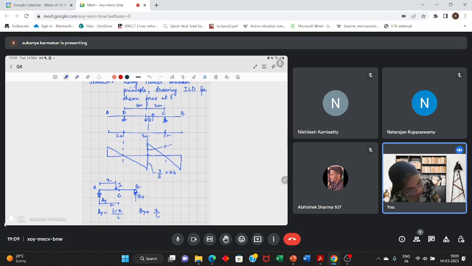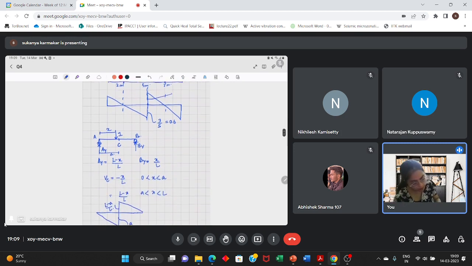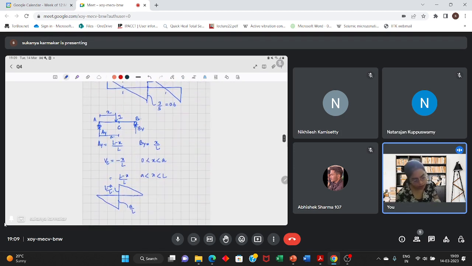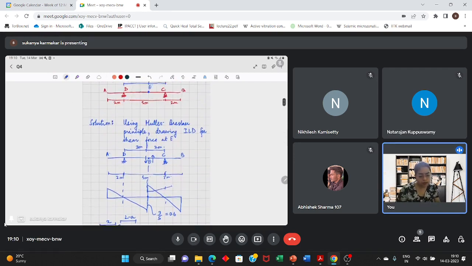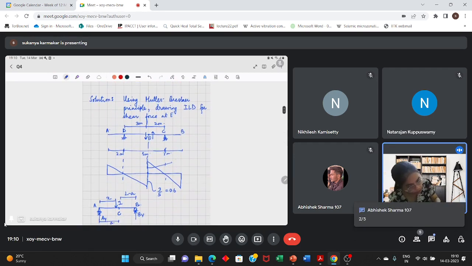And how much will this portion be? This portion is the remaining, (L minus A) by L. What is L minus A? The remaining portion of the beam, that is 2 meters here. So it is 2 by 5, which means 0.4.